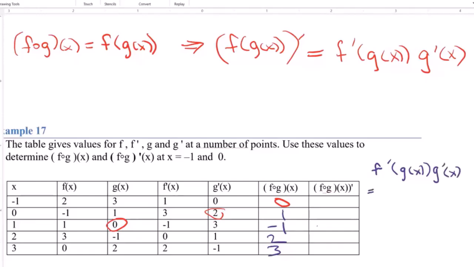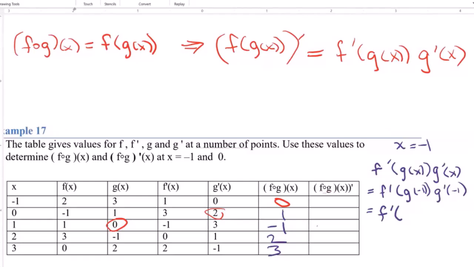This is equal to, well, when I plug in x equals -1. So first thing I do is I say this is f prime of g of -1 times g prime of -1. So this is equal to the derivative at g of -1.